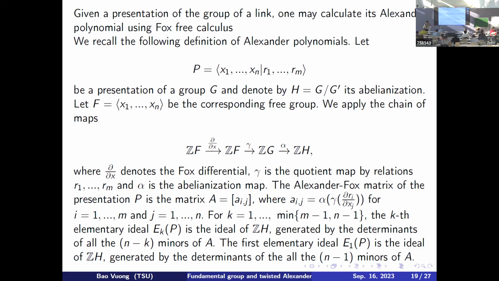There are many approaches to compute the Alexander polynomial of knots and links, and one of them is using the Fox calculus. When we have a presentation of the group, we get a sequence of maps using Fox calculus, and after some mapping we get a matrix, and the Alexander polynomial will be the generator of the first elementary ideal of the matrix.